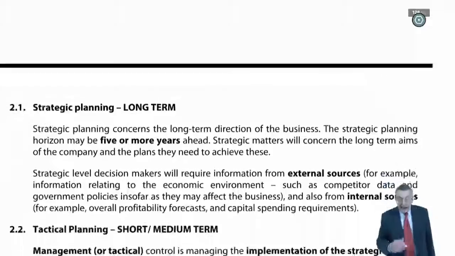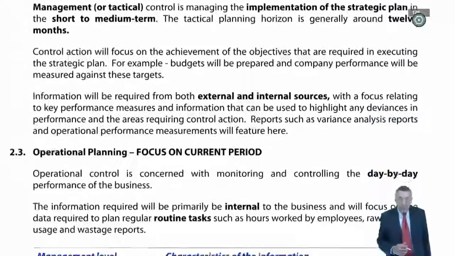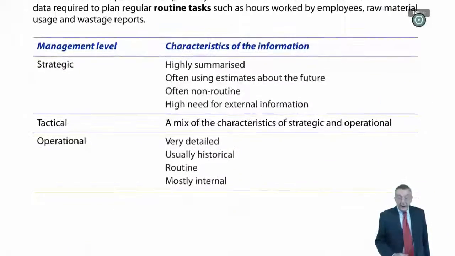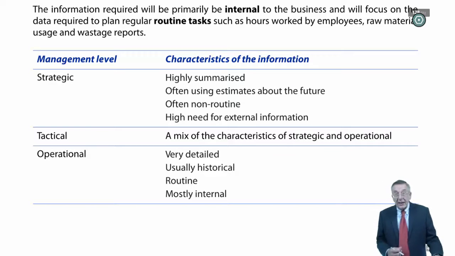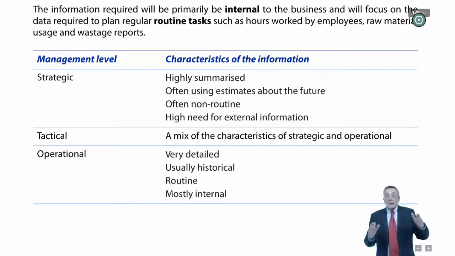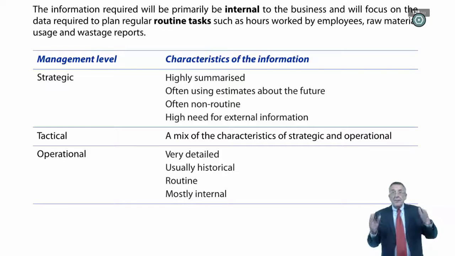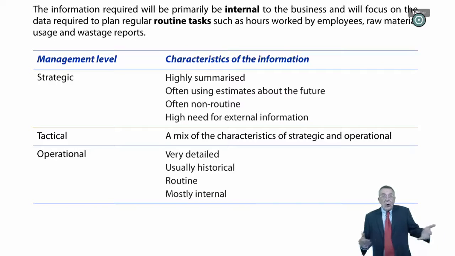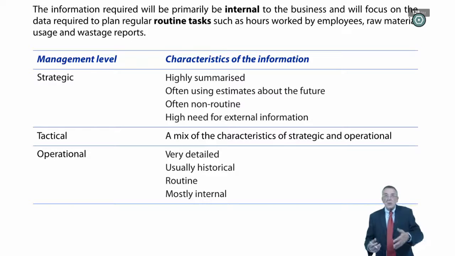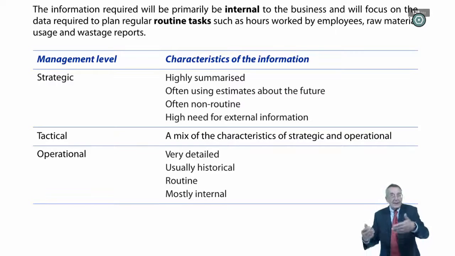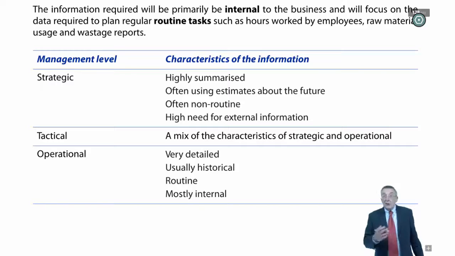Finally, on those different levels of planning, a little summary at the bottom. At the strategic level, when we're making these long-term decisions, they're interested really in summarised information. They're almost always using estimates about the future. Is our new product likely to do well, and so on.